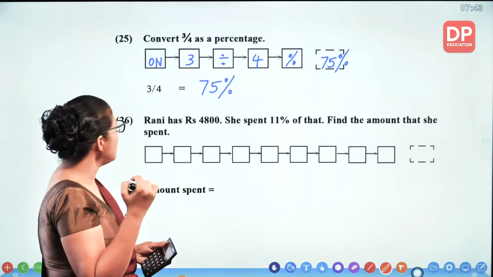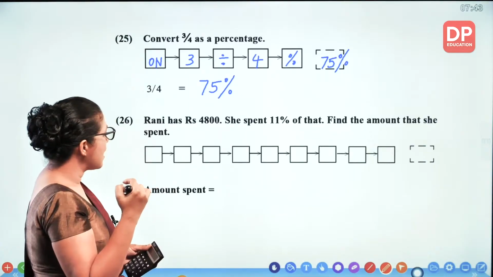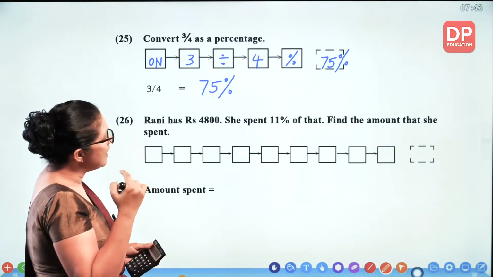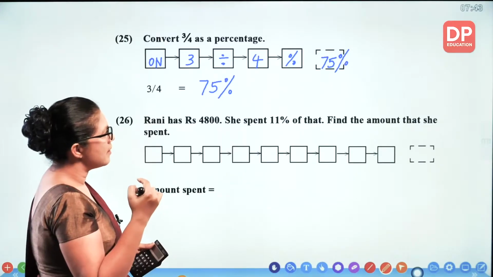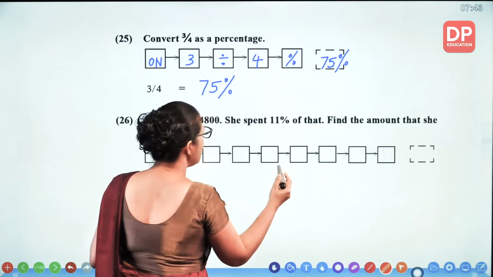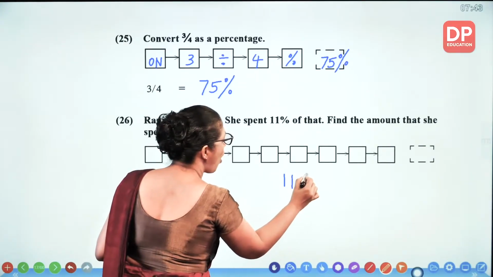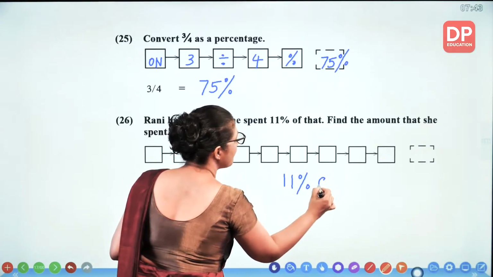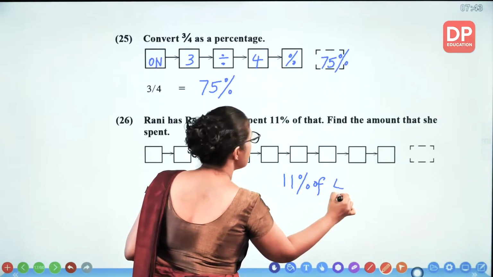Look at this question. Rani has 4,800 rupees. She spent 11% of that. Find the amount that she spent. So what's the calculation? 11% of 4,800.